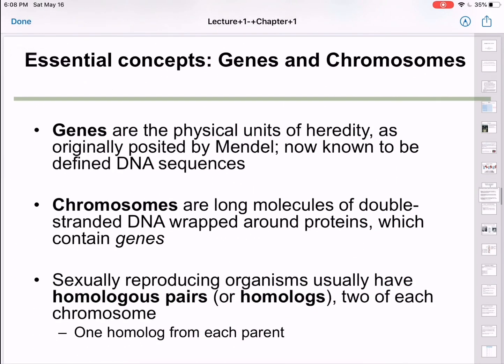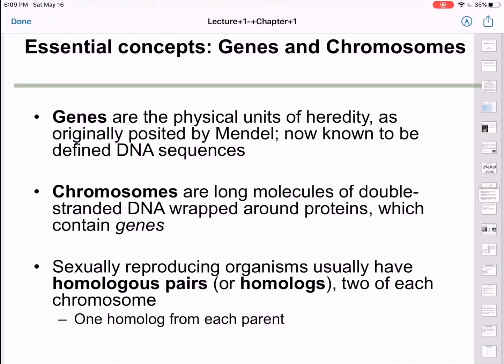So some concepts that you must know before we get into the real work of genetics are that genes are the physical units of heredity, which was proposed by Mendel, and that chromosomes are long molecules of double-stranded DNA wrapped around proteins, which contain genes.